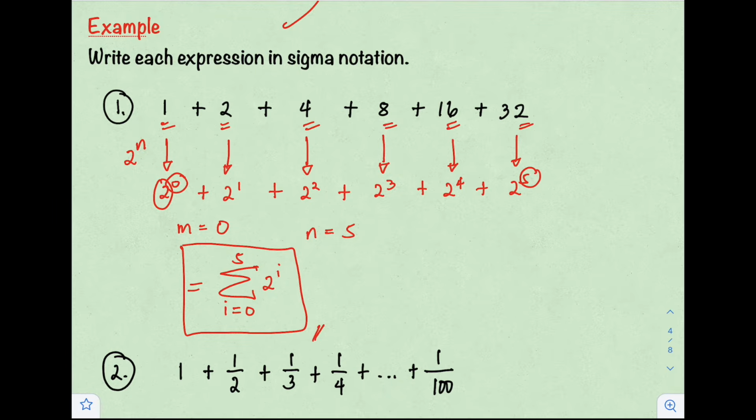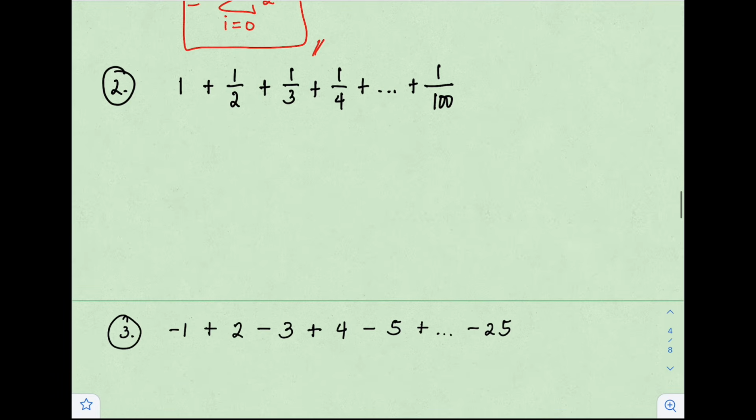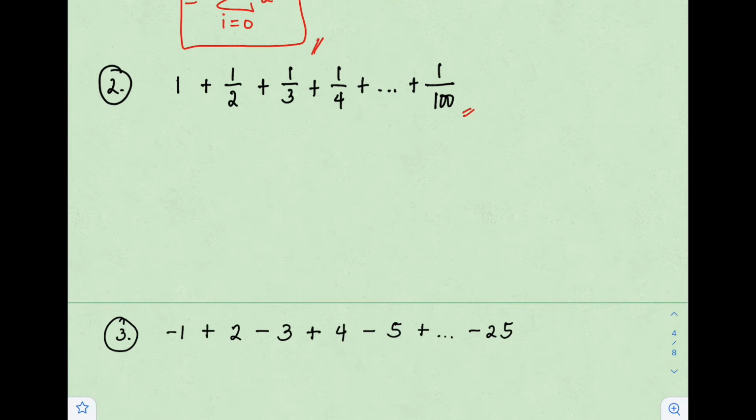Okay? So, let's have another example. Number 2. We have 1 plus 1 half plus 1 over 3 plus 1 fourth up to 1 over 100. So here, guys, by inspection, you'll notice that our denominator is in ascending order.